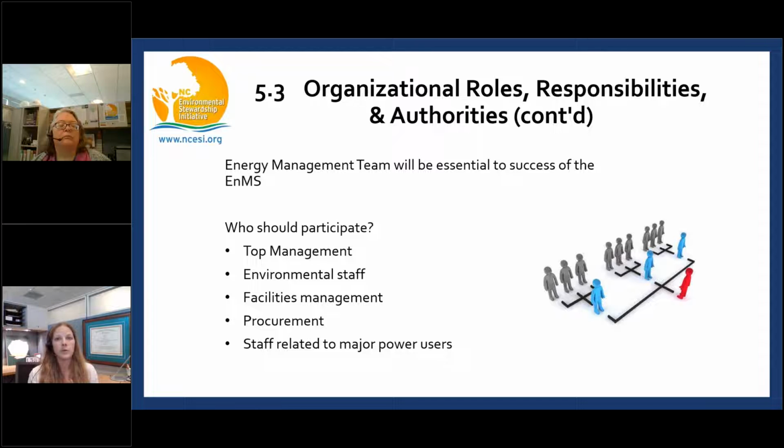Procurement people, because they're the ones who are buying stuff, they need to know that there are requirements in the energy management system. And then any staff that has a major part or uses a lot of energy, maybe they work in a certain area that uses a lot of energy, you'd want to have them involved as well.